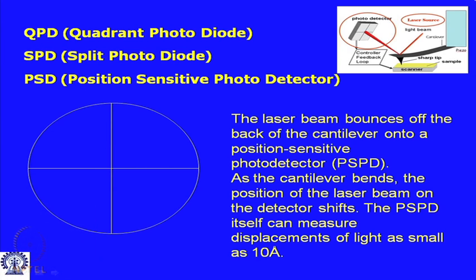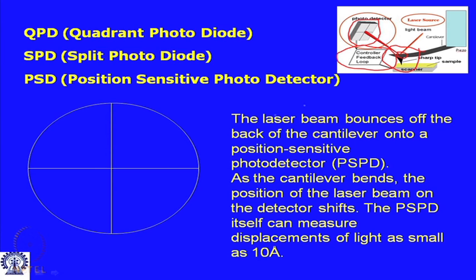Then there is a photodetector which is used to track the deflection of the cantilever. There is also a laser source which reflects from the back side of the cantilever through the shining area it has. You know that there is a feedback control loop which maintains the constant deflection and things like that.